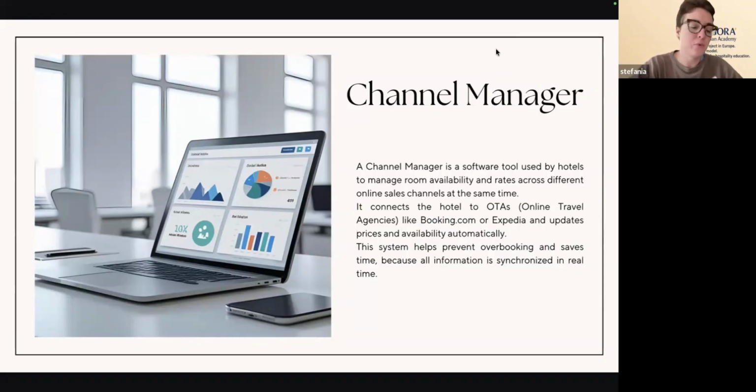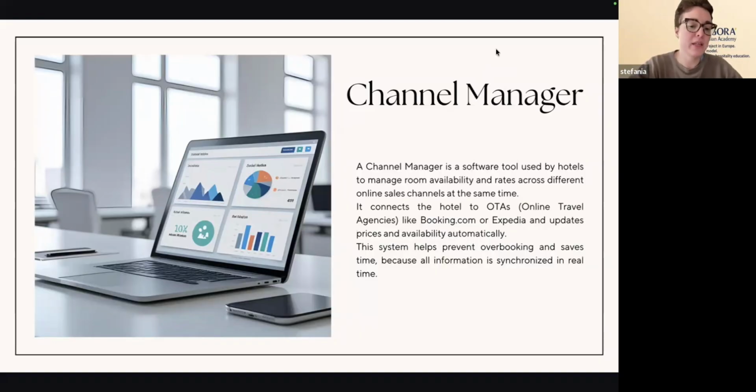So in few words, it is a software where, for example, you put for today 10 rooms available at the price of 200 euros, and it is going to put the data to booking.com, to Expedia, to hotels.com, to Airbnb, and every online page that you want to do a connection with.